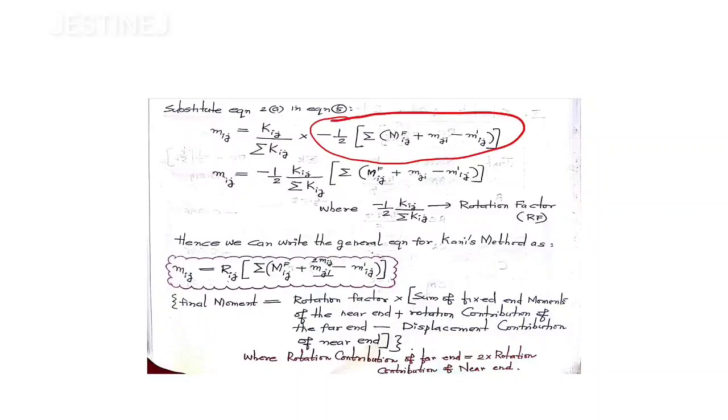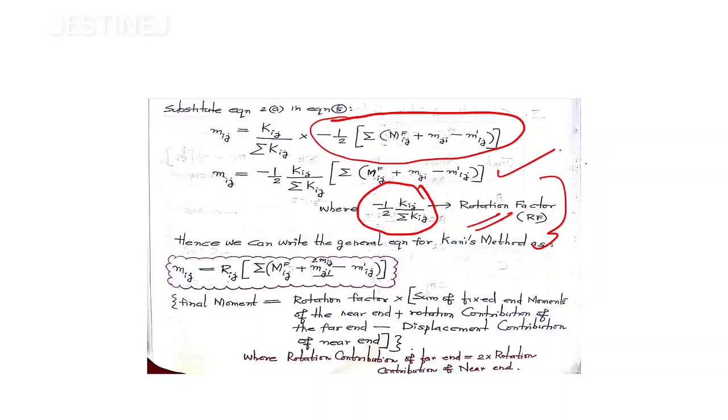Writing it this way, minus half multiplied by Kij by sigma Kij, then this term, and here is our important value, minus half multiplied by Kij by sigma Kij, that is the rotation factor. That is the most important statement from this equation. This rotation factor equals minus half multiplied by Kij by sigma Kij.